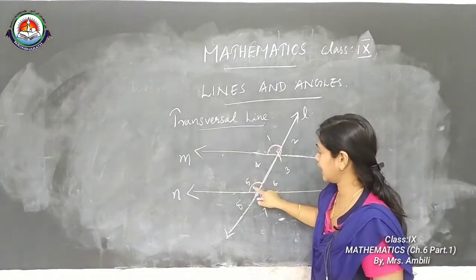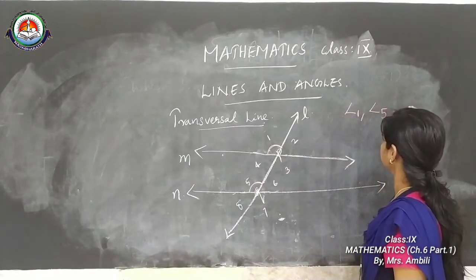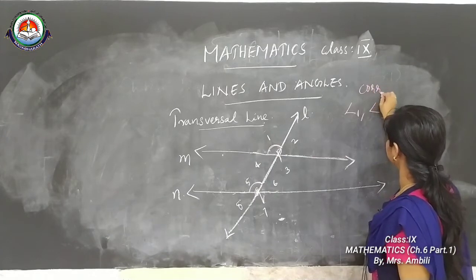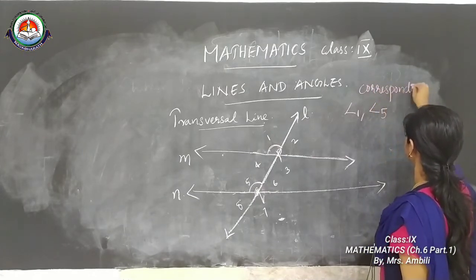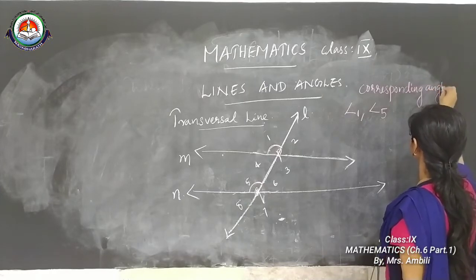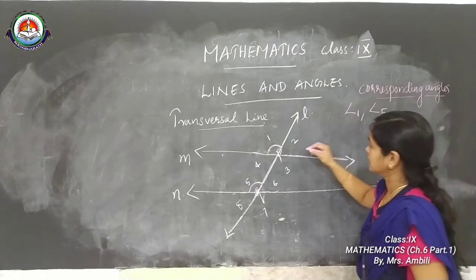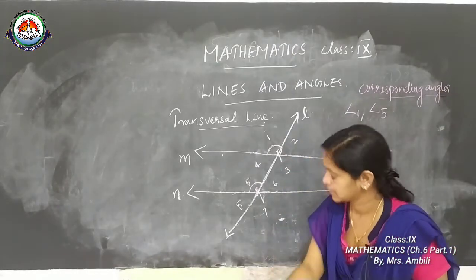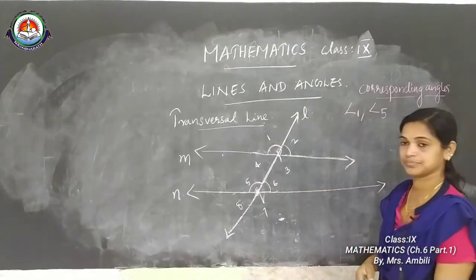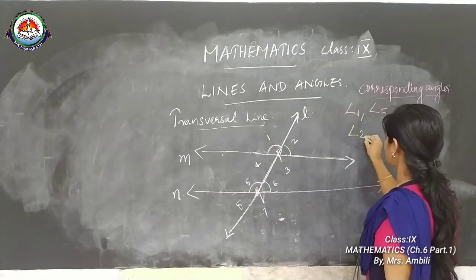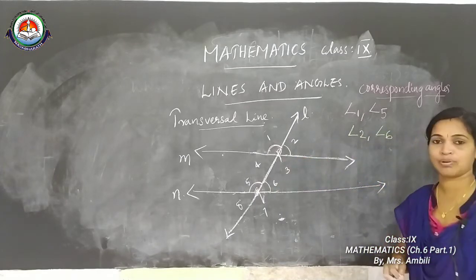So angle 1 and angle 5 are corresponding angles. Then angle 2 and angle 6, the next pair of corresponding angles.